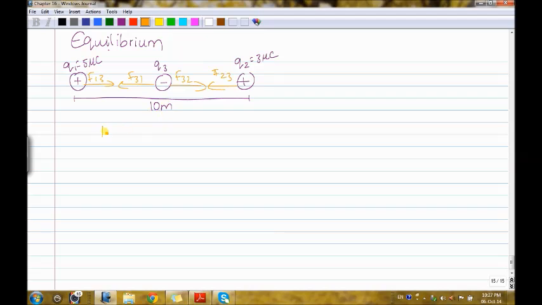So we'll take the F31, this one equals the F32. So this would be the X, and this would be the 10 minus X. Or let's call it R better.